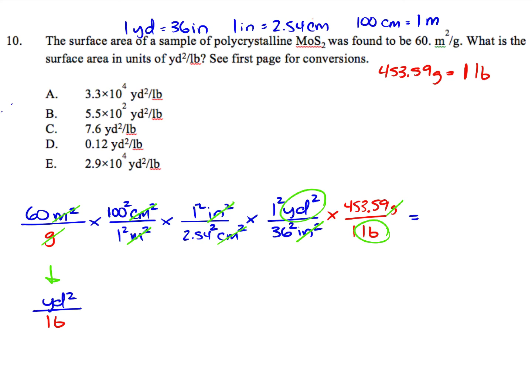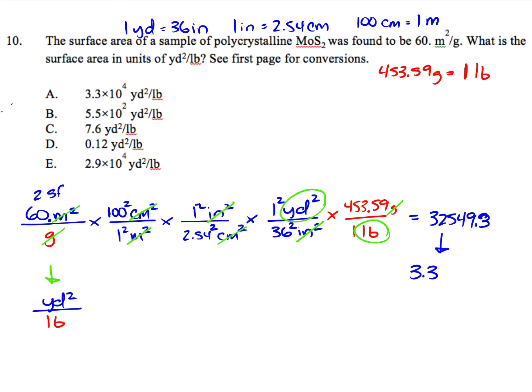Okay, I get a large number like 32549.3. Okay, but we're actually limited, and I should have had my decimal here. On the 60 that we start with, that's 2 sig figs, so our answer needs to have 2 sig figs. So we need to convert this to scientific notation.